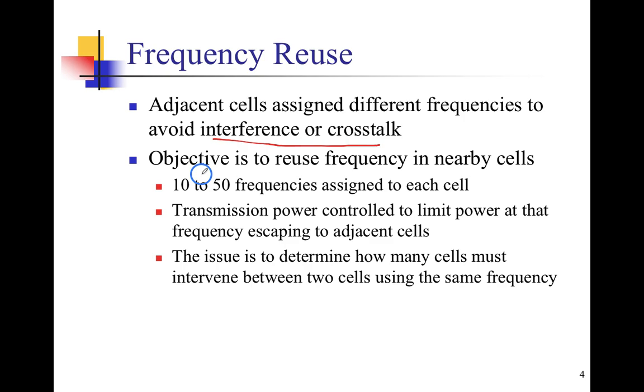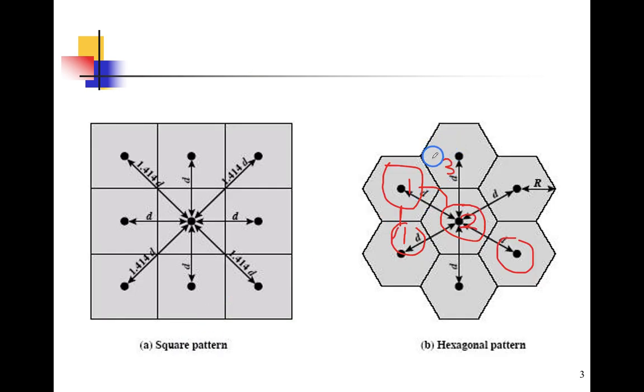But for example, if you don't have the frequency reuse concept, then you end up with limited frequency. So as I discussed, frequency 1 can be used somewhere over here.